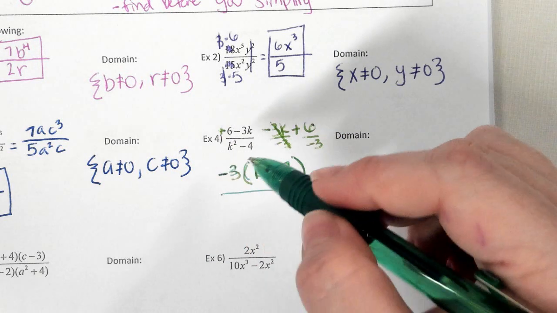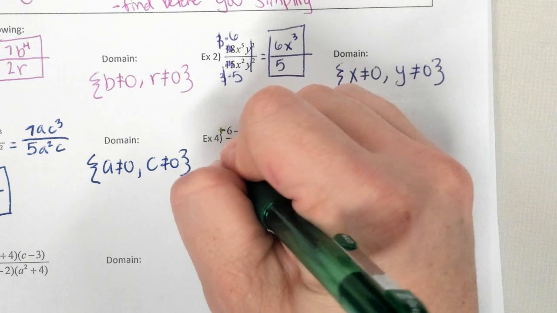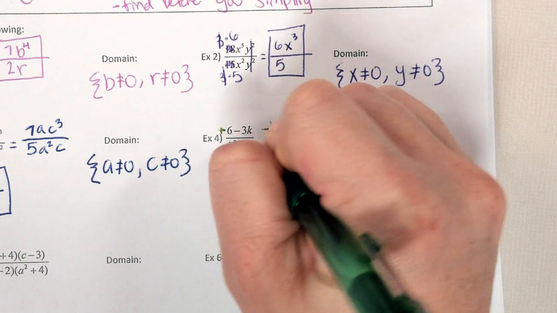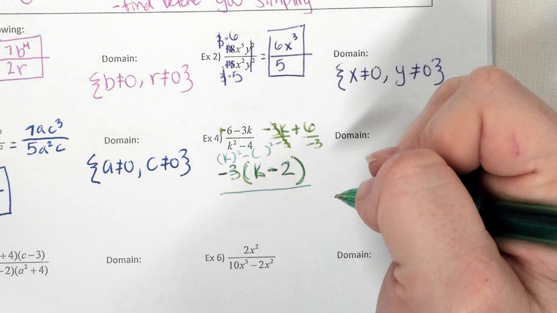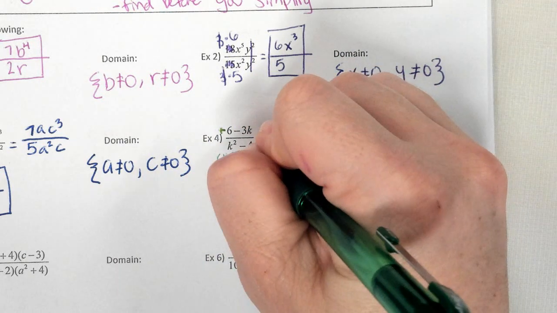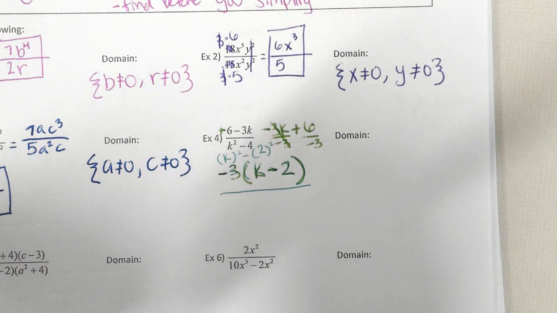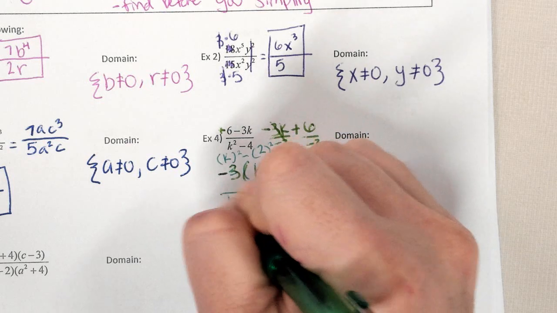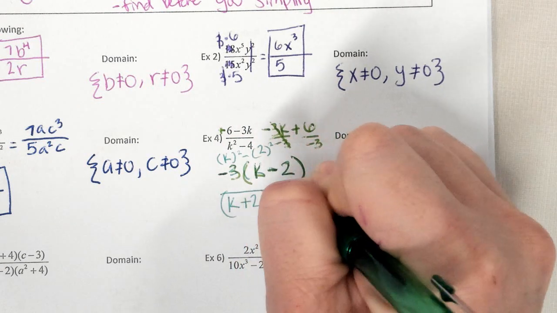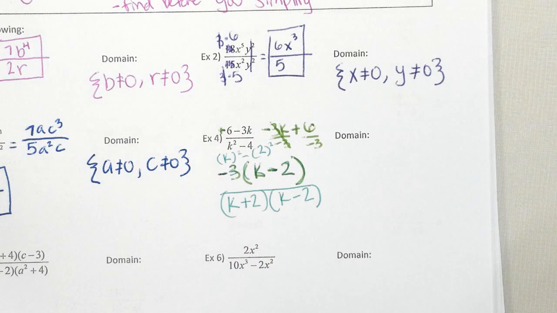So is this a perfect square minus a perfect square? Can we figure out what squared minus what squared? Well, k squared. And what squared gives you 4? 2. Now, you won't have to memorize these formulas. I will have them for you all the time. But it's a plus b, a minus b, or a minus b, a plus b, doesn't matter. So it's k plus 2, k minus 2.